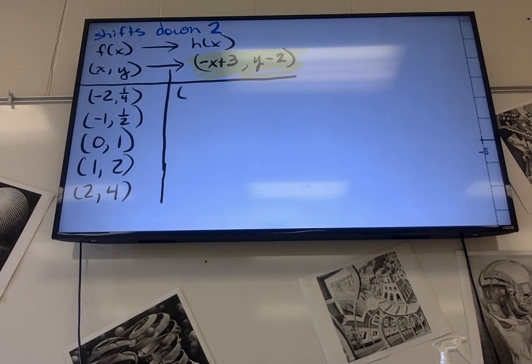So negative 2, but it's supposed to change the sign, so it's positive 2 plus 3. So that's 5. And then 1/4 minus 2, remember that's 8/4. So it's negative 7/4, or negative 1 3/4. Same thing. Just that's easier to graph.